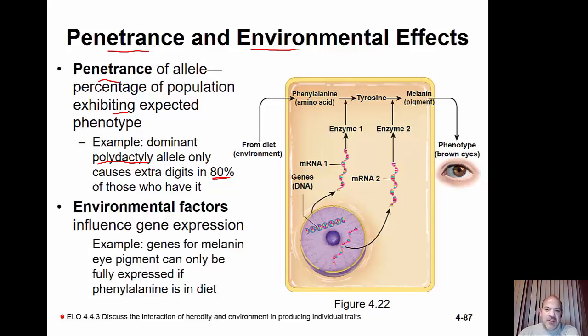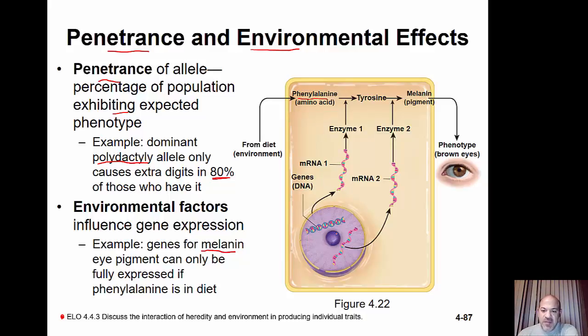And then we have environmental factors that can influence gene expression. An example here is the production of melanin, and it's diagrammed over here. In order to produce melanin, which gives us our skin color and our eye color and our hair color, we need to consume in our diet an amino acid called phenylalanine, because we cannot produce that one ourselves. We can make many amino acids, but there are some we can't, so they're essential and we need to get them in our diet.